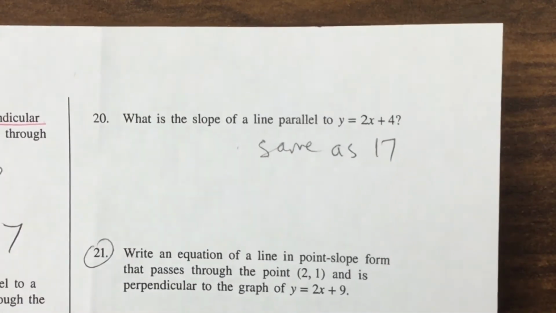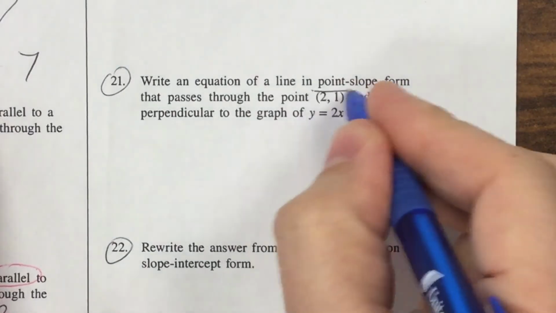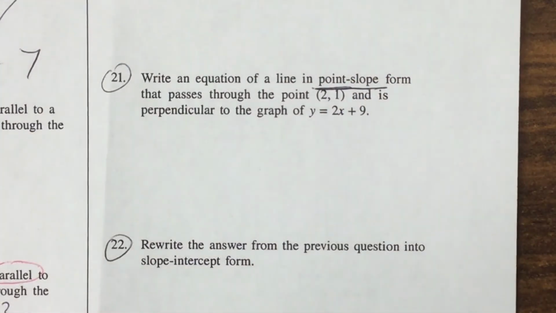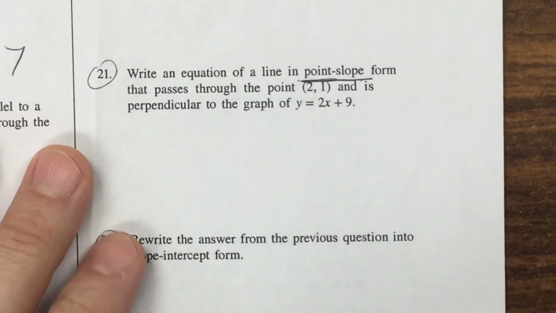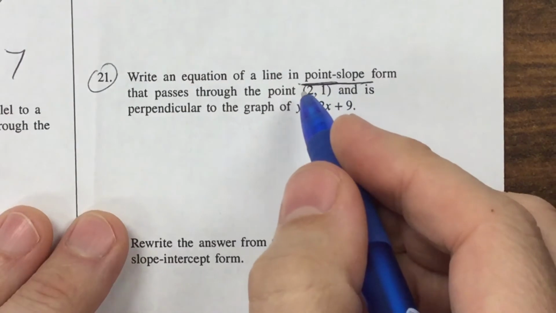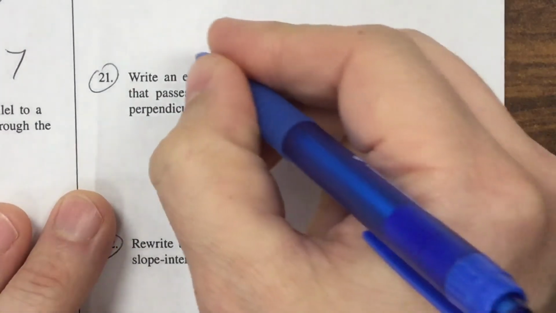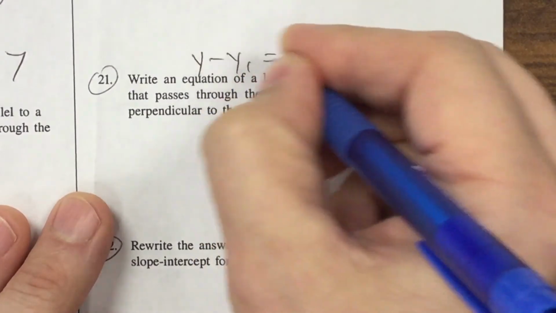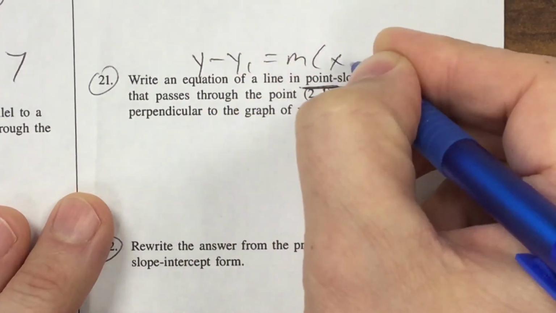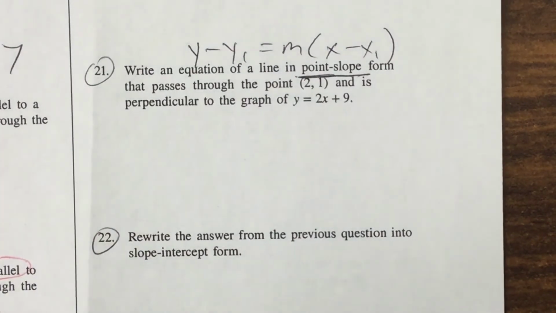21 says write an equation of a line in point slope form. Remember, point slope form is on your formula chart. You don't have to memorize it. When you see these words, look at your formula chart, in the middle section toward the bottom. It's y minus y1 equals m times the quantity x minus x1.